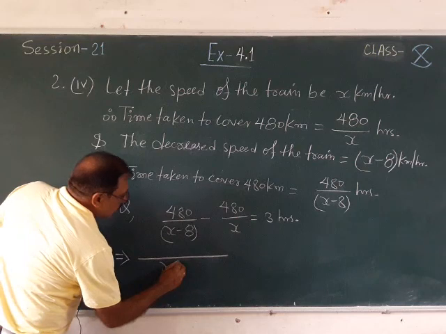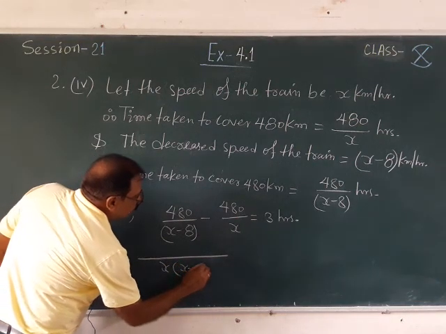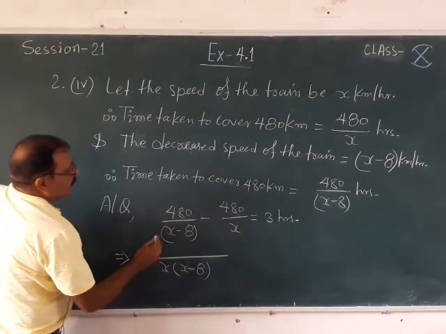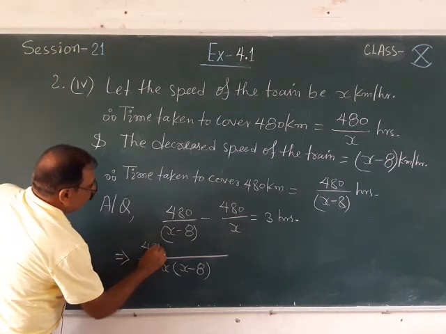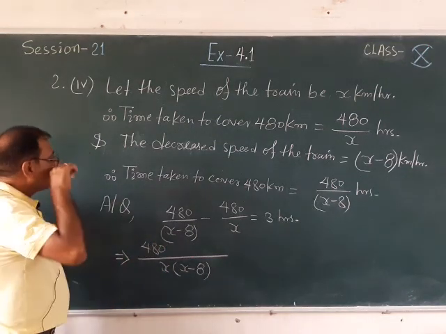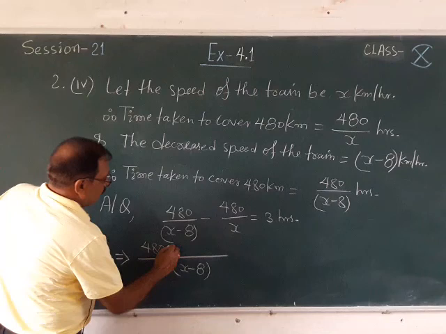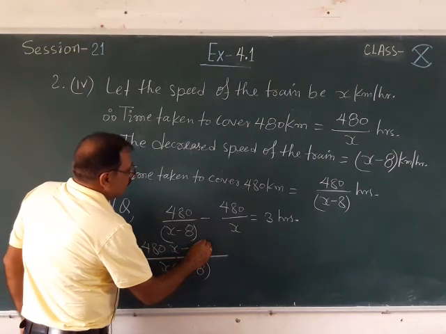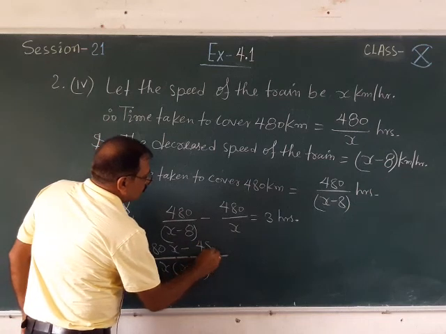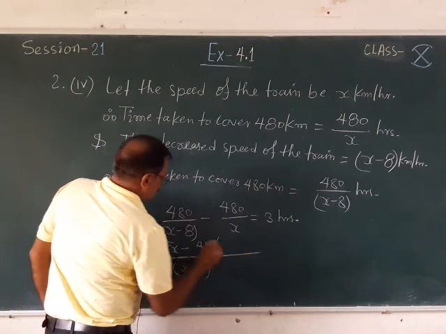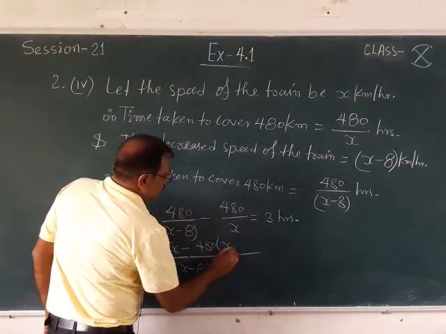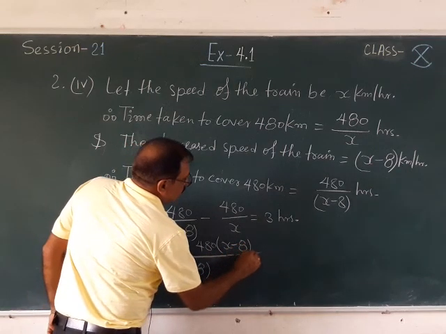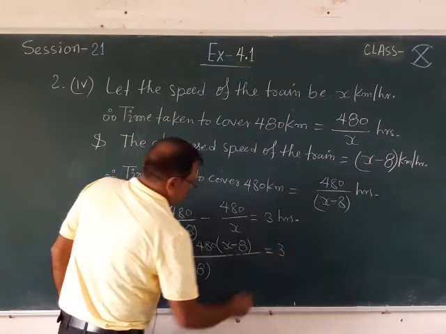It will be solved like this: 480 into x minus 480 into x minus 8, over x into x minus 8, is equal to 3.